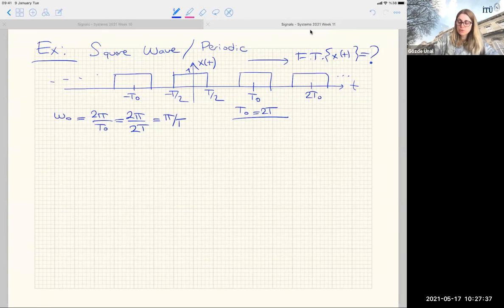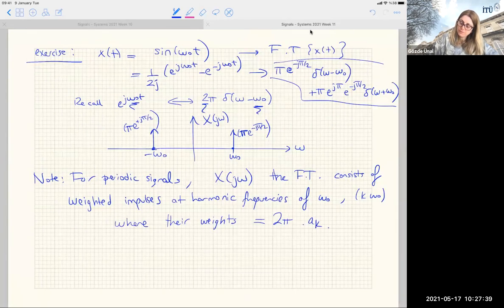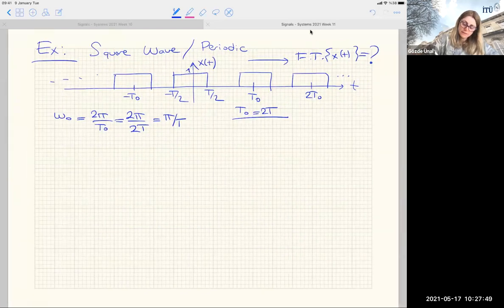We know actually, if I know a_k, the Fourier transform will be a_k times 2 pi. Recall, we derived this already. We did this before. It's the Fourier series because it's periodic.